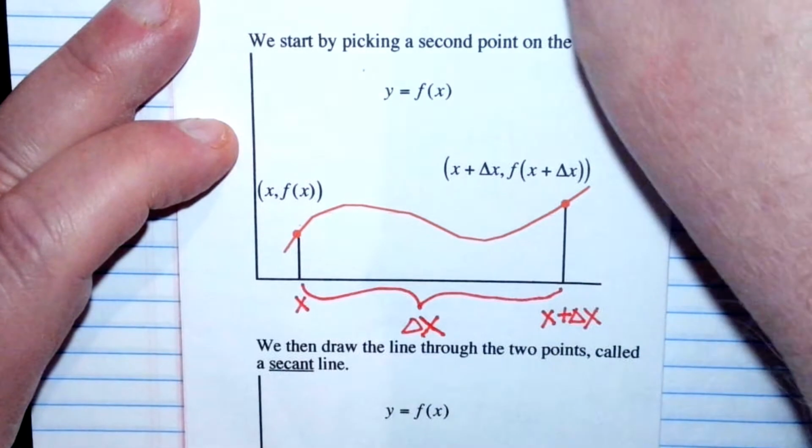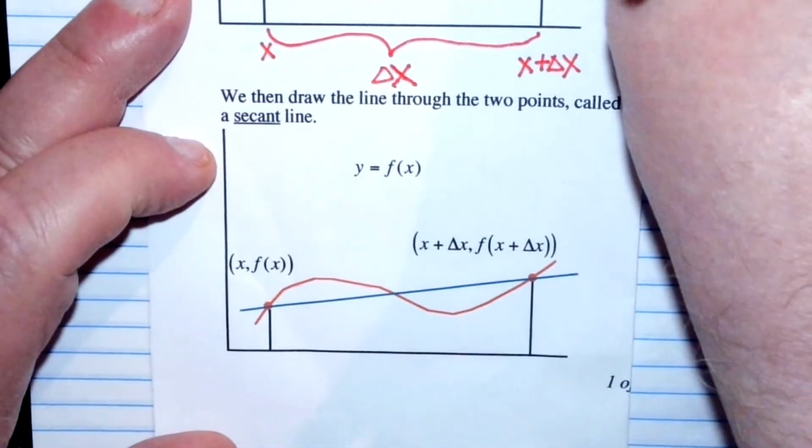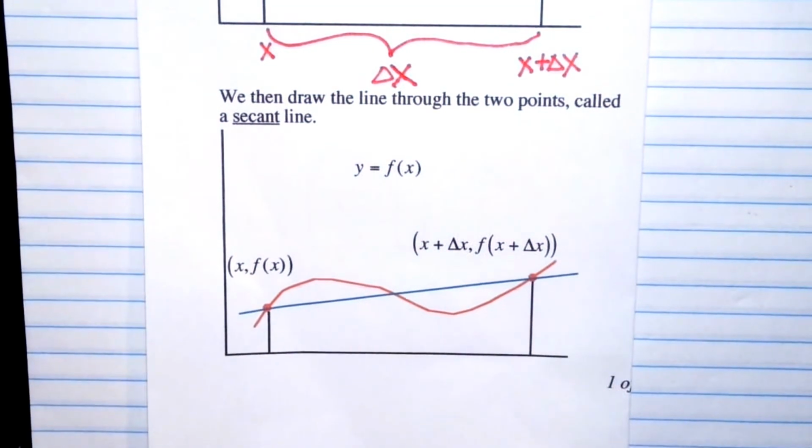Now I'm going to draw a line between the 2 points, and we're going to call that a secant line. Now what do I mean by a secant line? Well, that terminology comes from geometry. If you draw a line that passes through exactly 2 different points of a circle, that line is called a secant line to the circle, or a line secant to the circle.